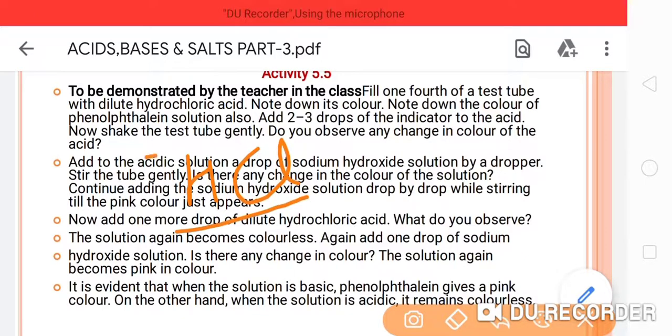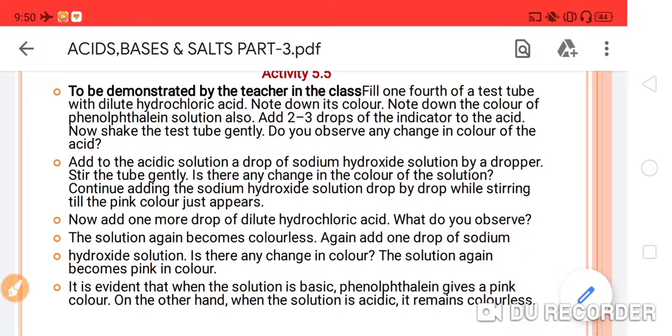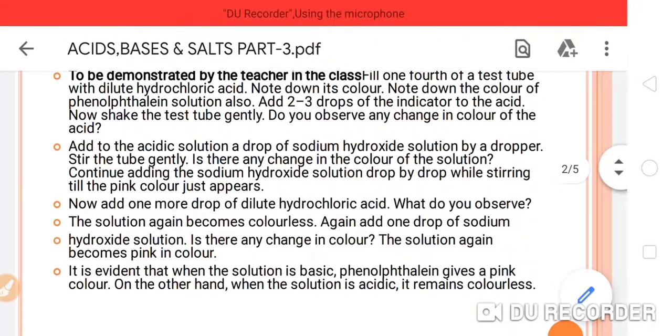Note down its color, that is, observe the initial color of the HCl. Also note down the color of phenolphthalein. What will be the color of the phenolphthalein? It will be a colorless solution. Similarly, HCl will also be a colorless solution initially.